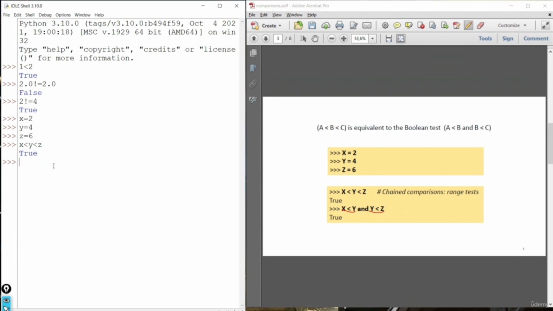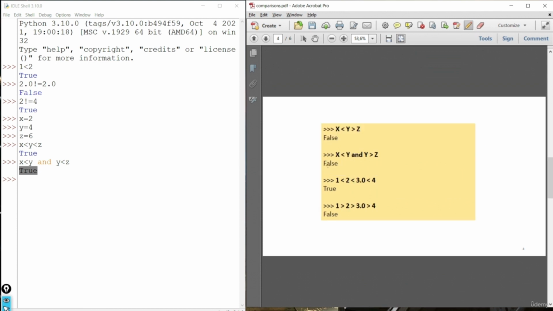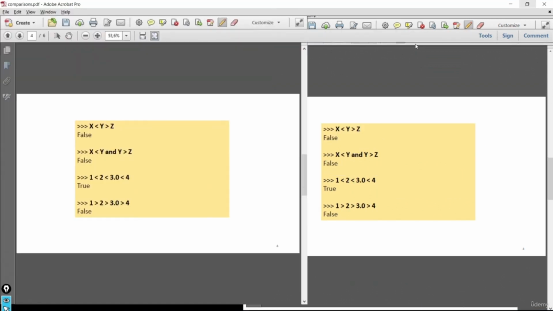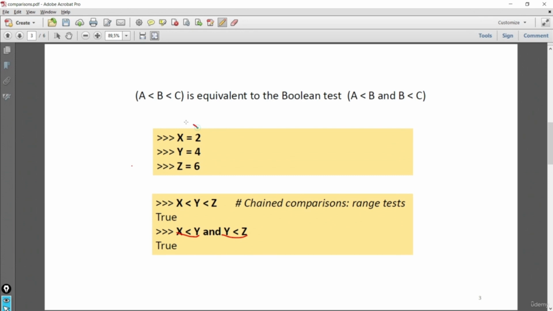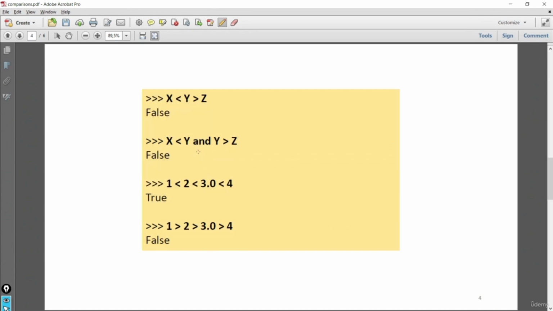Let's try it on the left hand side. X smaller than y and y smaller than z. Okay, that's also true. Here we have another example. We are using the same values for x, y, z. X equals 2, y equals 4, and z equals 6. X is smaller than y is greater than z.